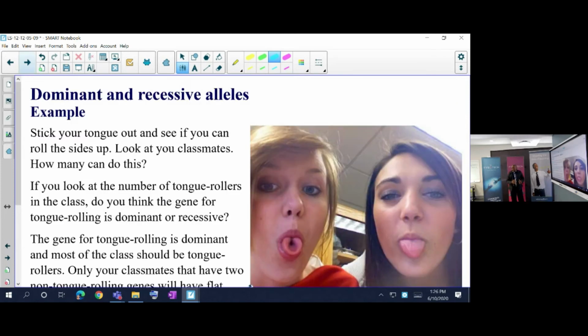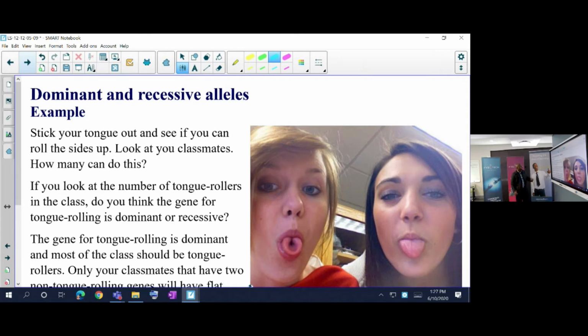Here we go. A simple example of dominant and recessiveness. You see how COVID is so disruptive to our everyday life. I have an example here of tongue rolling. You can't do it in class because of the COVID. It's saying here, look at your classmates. Of course, our mask has to be on, but then we can't do it practically. Please don't do it, but we can just follow.